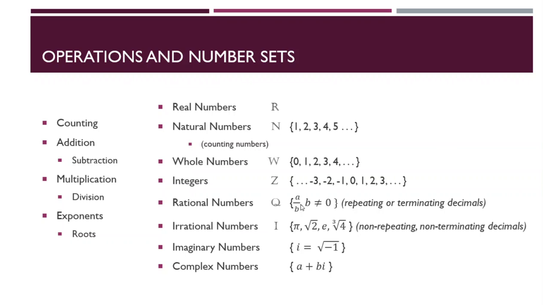But here you can see a little picture of what each set looks like, and the nickname each one has. Natural numbers are nicknamed the set of N, W for whole numbers, Z for integers, and so forth. Okay, so you can hit pause if you want to jot that down in your notes.